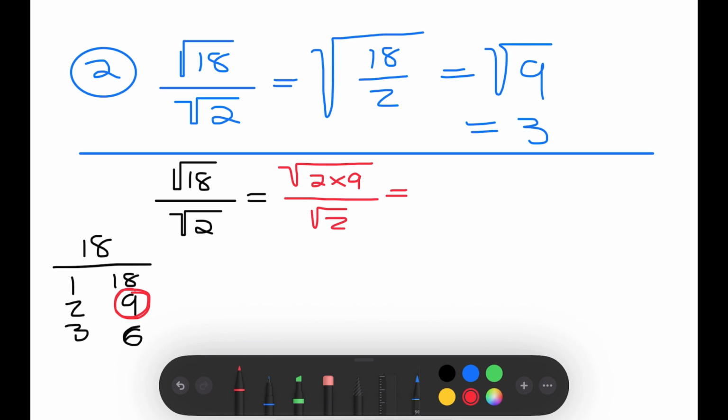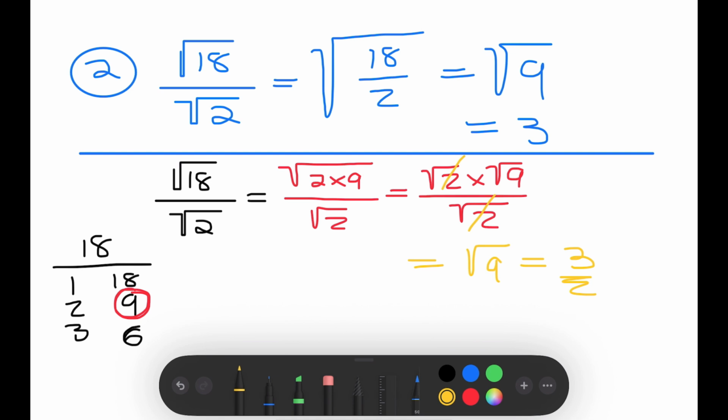Then, when we split this up, since they're under one roof, we're going to have root 2 multiplied by root 9 divided by root 2. When we cross out root 2, we're left with root 9, which is simply equal to 3. So notice here that there's no one way of simplifying surds. Just using the division method is another way of doing it.